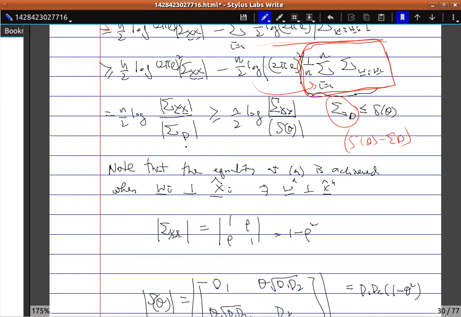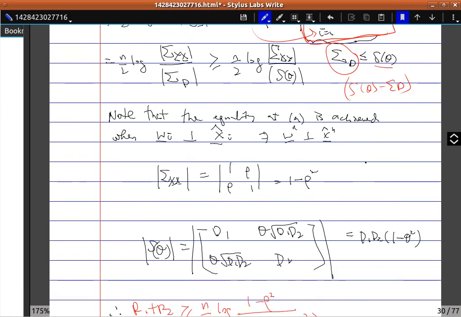S theta here is something like that. Because we have a constraint, let's say the distortion for x1 is d1 and for x2 is d2. The off-diagonal term can be anything, but we just write it. Of course, this covariance matrix has to be symmetric, so these two terms will be the same.